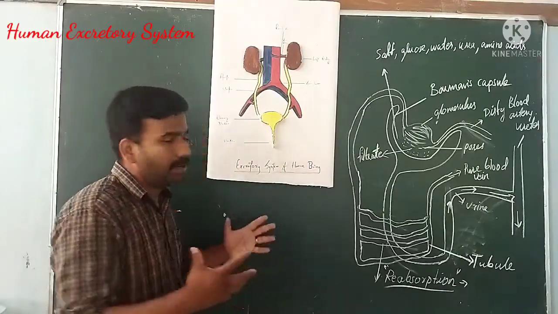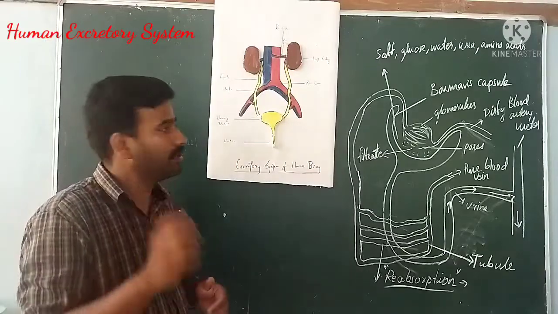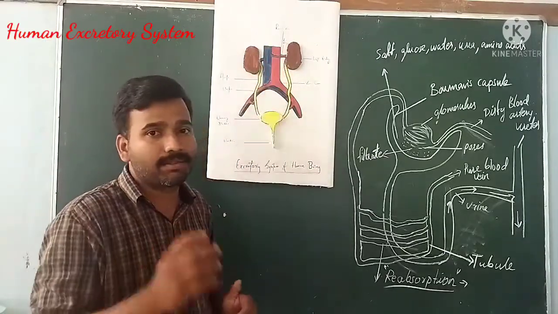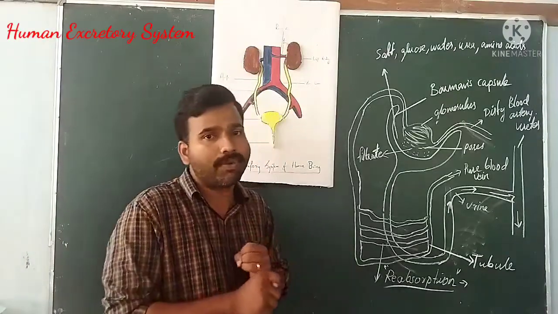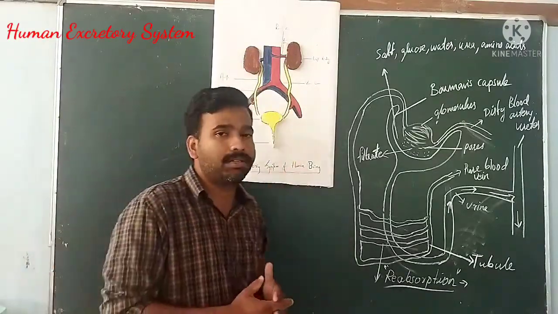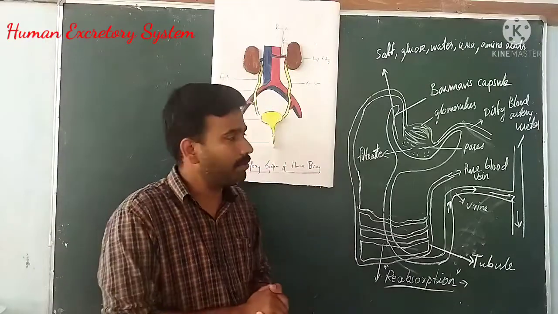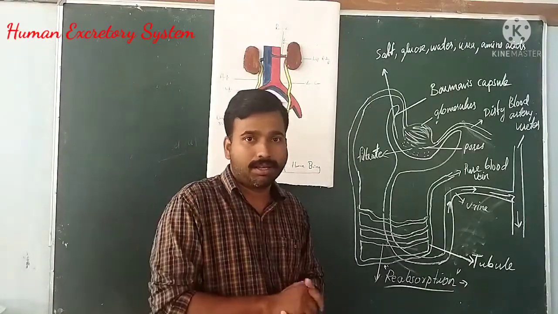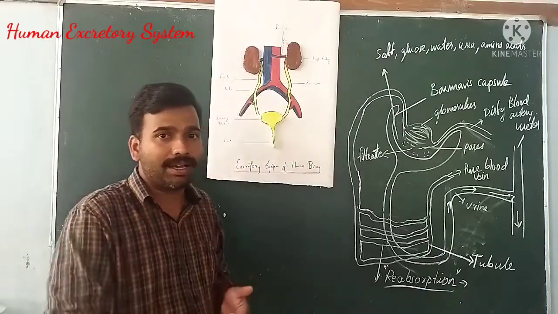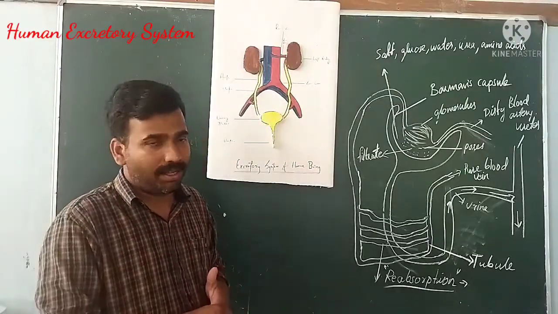So this is what actually happens in the human excretory system, which controls the amount of water. The main function of the excretory system is to control the amount of water. Suppose you are drinking a lot of water, you will have the urge to urinate often.